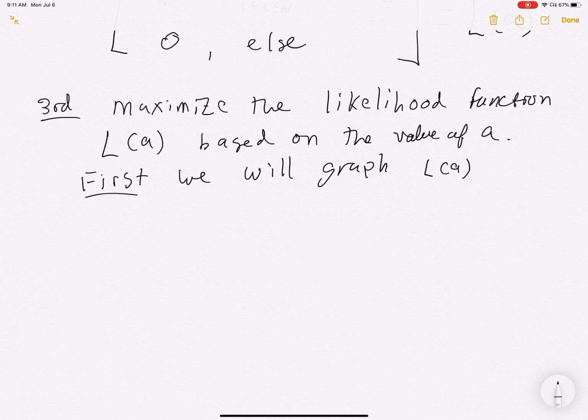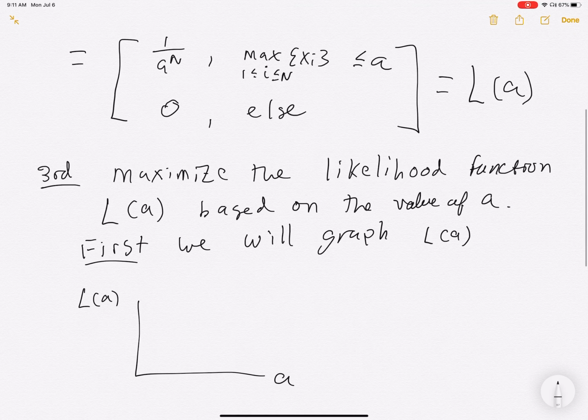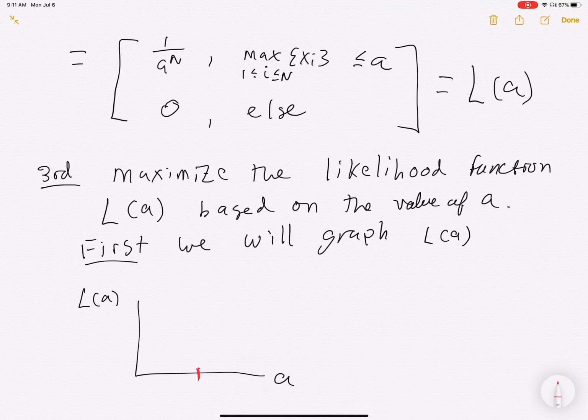And if I'm going to graph it, it looks like L of a, that's the y value, and a is the x value here. And I'm graphing 1 over a to the n. Okay, so let's graph this. And I'm going to insert a value here.